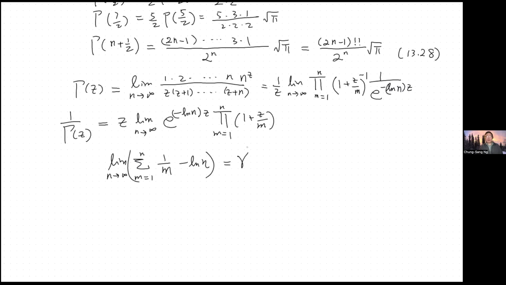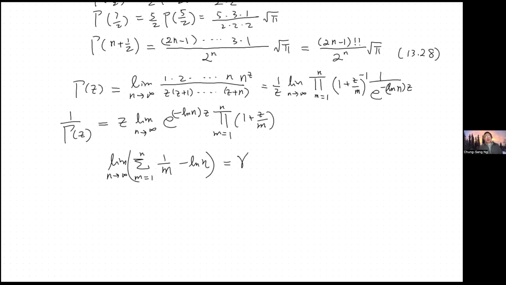Okay, and this gamma is the name of the Euler-Mascheroni constant. Many people just call it the Euler constant.